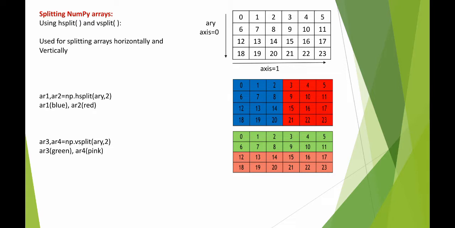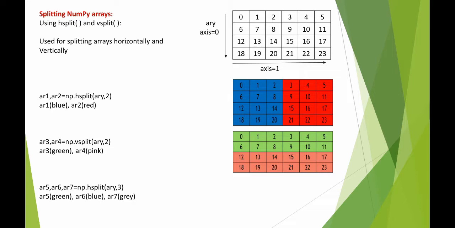Okay, now if we write this AR5 comma AR6 comma AR7, here what we have given is np.hsplit ARY comma 3. So we have to split the array ARY in 3 equal parts now, and also the splitting has to be done in the horizontal, because the split function used here is hsplit.